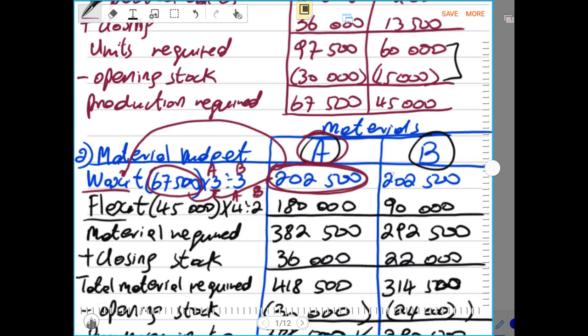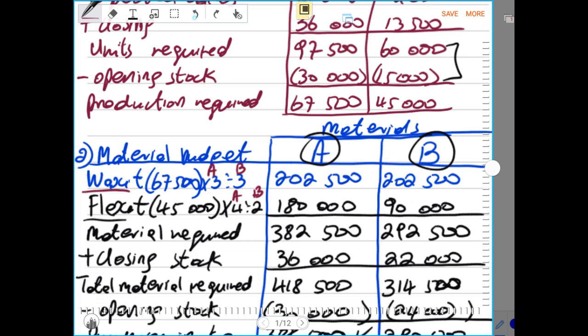At the same time, we need 202,500 kgs of material B to complete product Waxit. That is why we said 67,500 times 3, we allocated that to A, and 67,500 times 3 for material B, and we allocated that under material B for product Waxit.